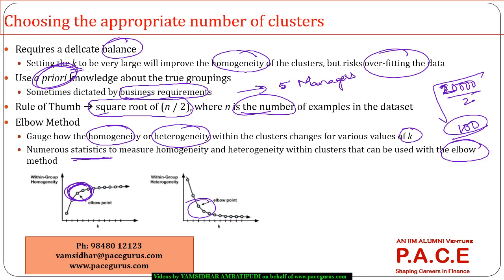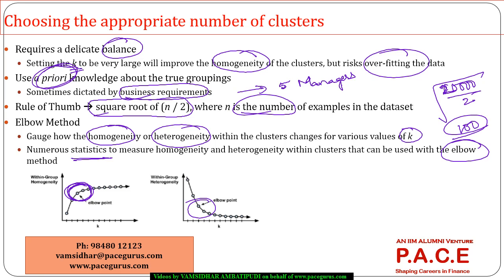This is the background information we need for a conceptual understanding of clusters. Once we are comfortable with this, we can take up a data set, find how many clusters we want to group the data into, and see the level of goodness of those clusters. Can we really use those clusters for any kind of business analysis? Such things we can look at.